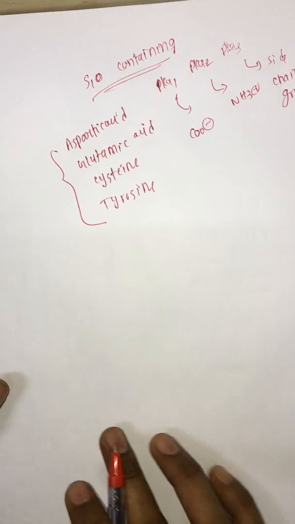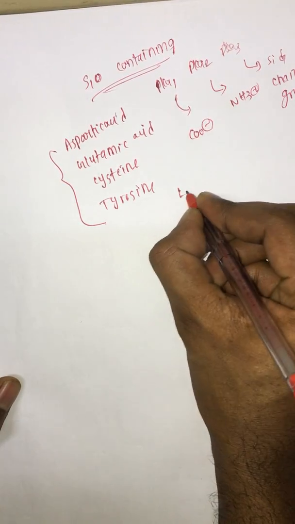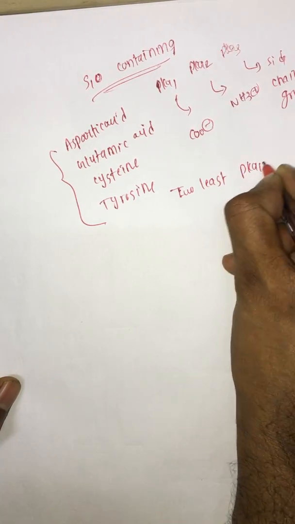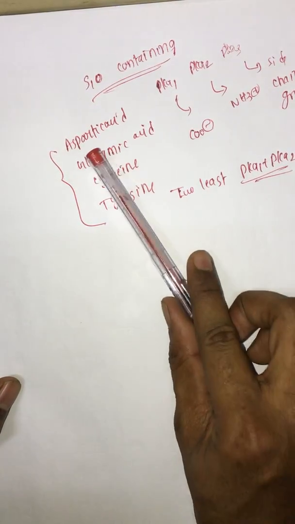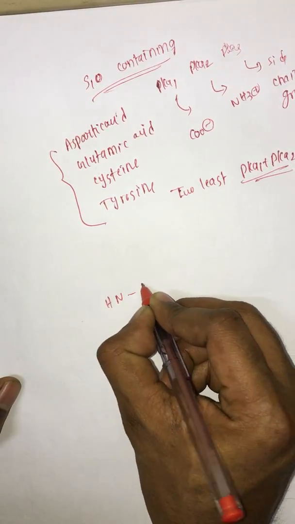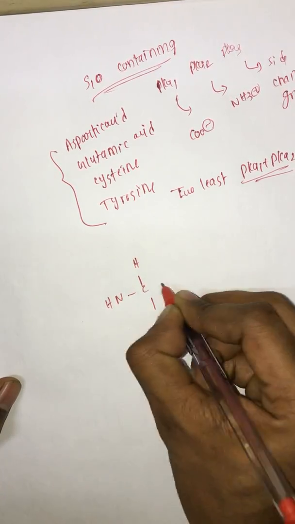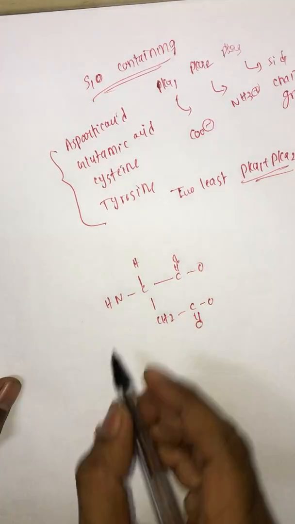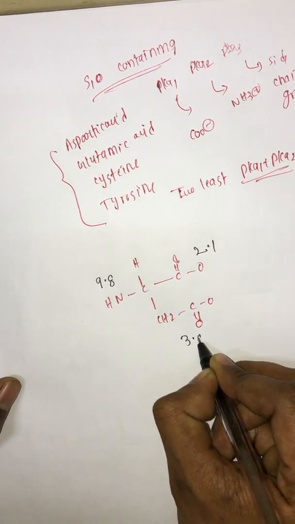Okay, so for these four amino acids we have to take the two least pK values to calculate the isoelectric point. Let's imagine aspartic acid. The pKa of NH3 plus equals 9.8, the carboxylic acid is 2.1, and the side chain is 3.9.